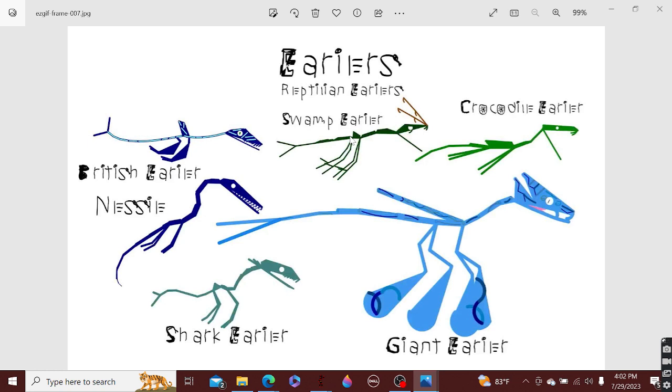Eariers are extremely intelligent, and one of the key parts of the swamp Earier is that some of the osteoderms on its face have been modified to grow protrusions that resemble antlers, and they're brown in color, resembling sticks or logs.